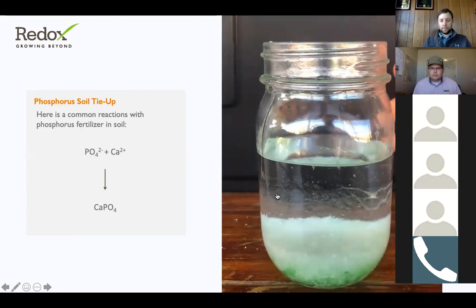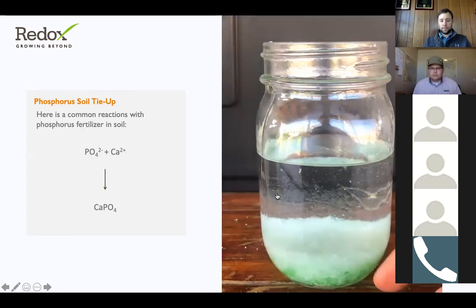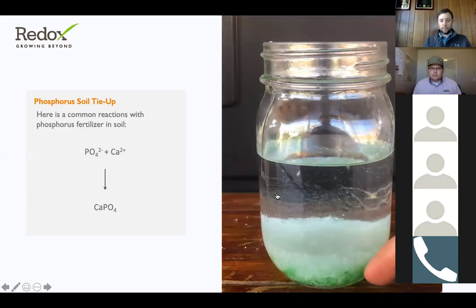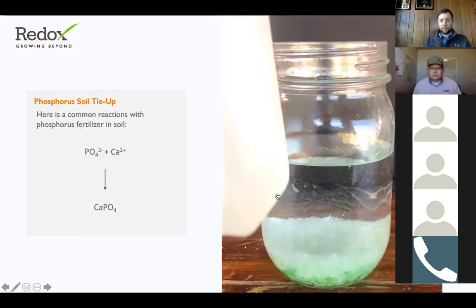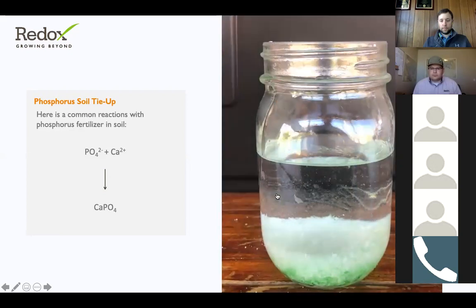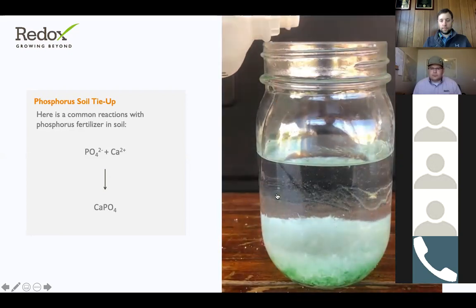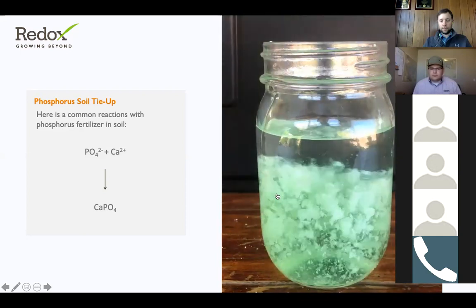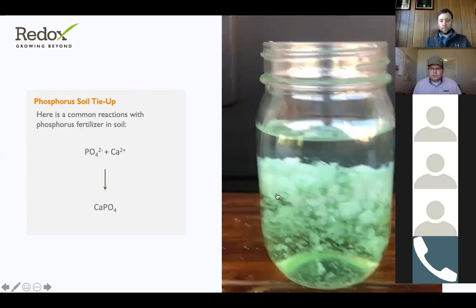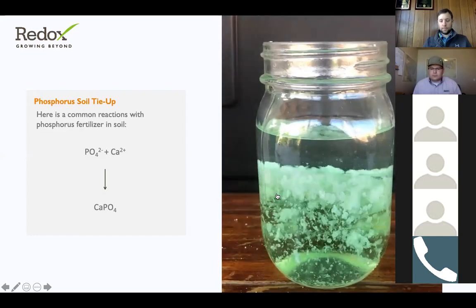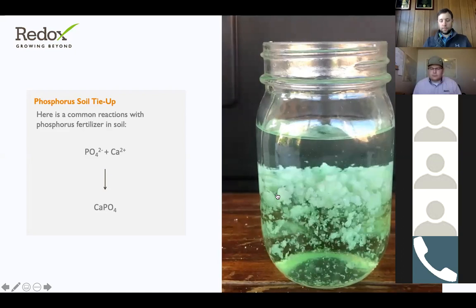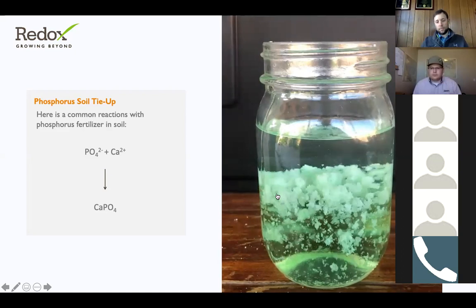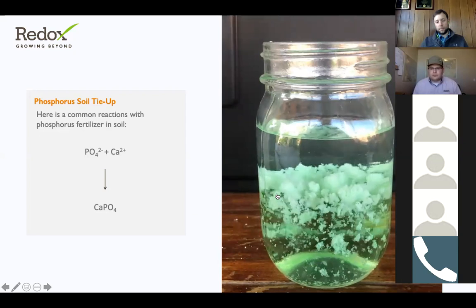Now, the plants have the ability to come in and mine this calcium phosphate for phosphorus. They can do that by producing organic acids. So I have some acid. We can put that in here. You can see that when the root acidifies the solution, we solubilize some of that phosphorus and that calcium, and it goes back into solution, and the plant can pull that back up.